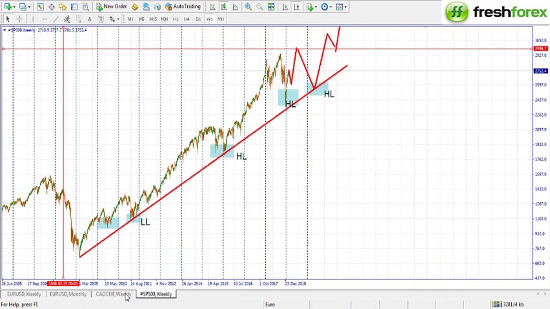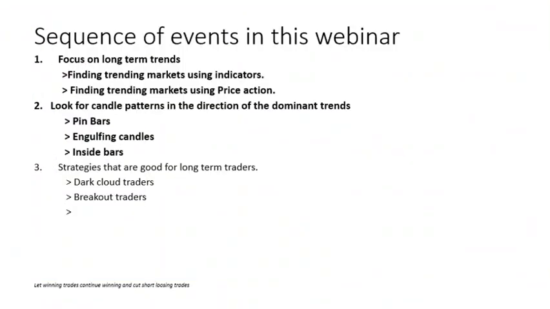So we move to the next one, what you're supposed to look at. So far, we've looked at finding trends using indicators. We've also looked at finding trending markets using price action. Whatever we've not looked at now is pin bars, engulfing candles, and inside bars. So this is what I looked at last week.